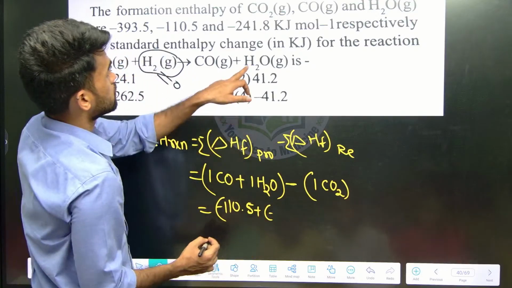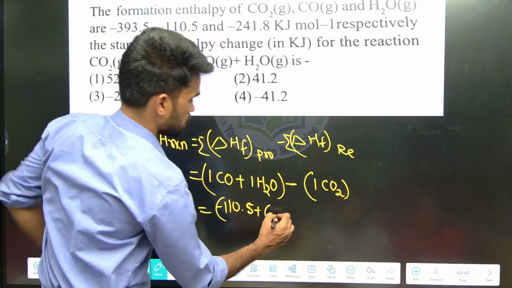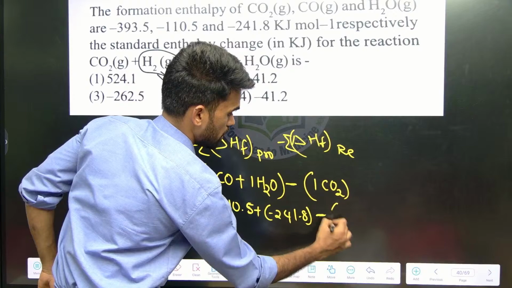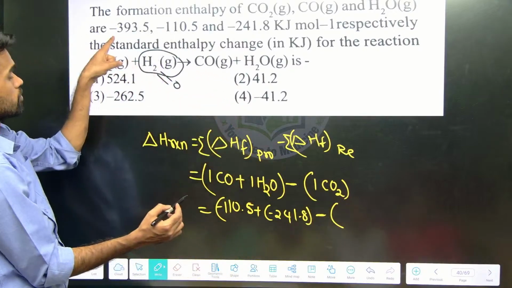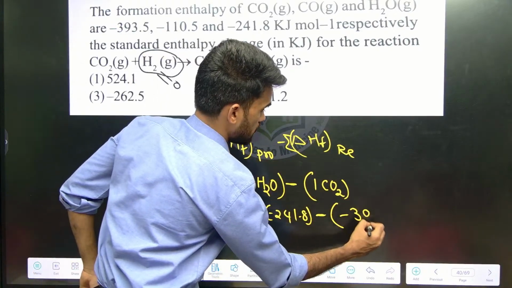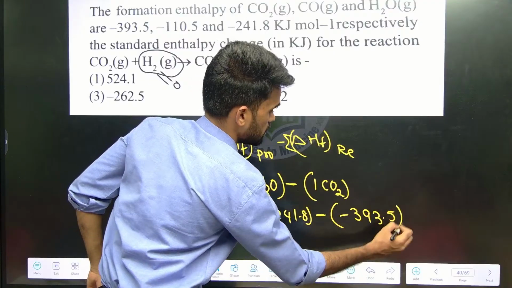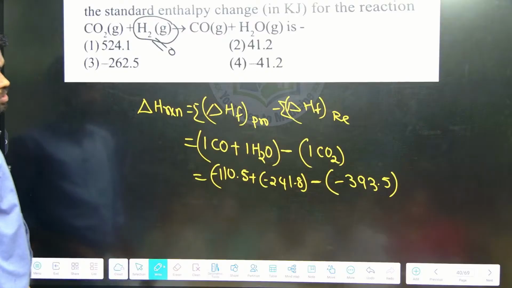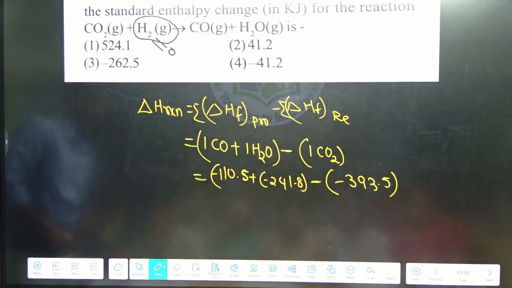Third one, minus 241.8. This one, minus of CO2 is how much? Minus 393.5. Just simplify this. So will your answer be minus 41 or plus 41?